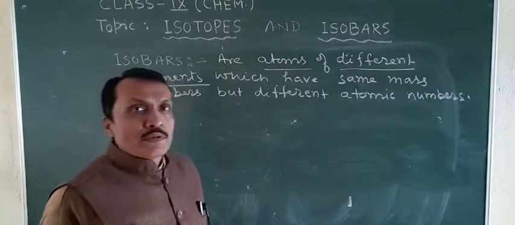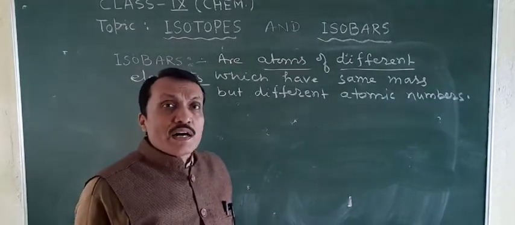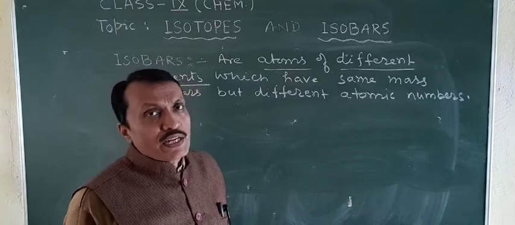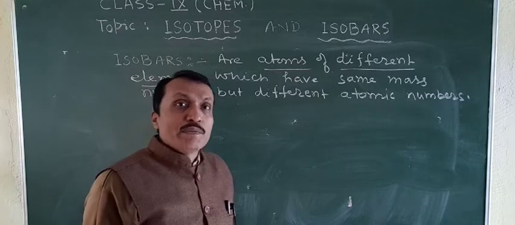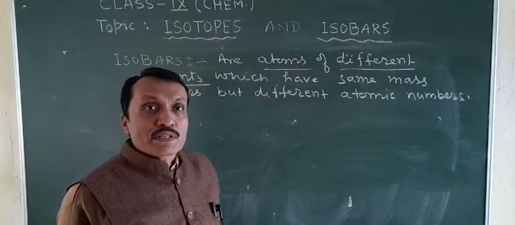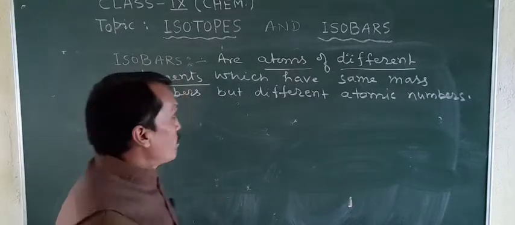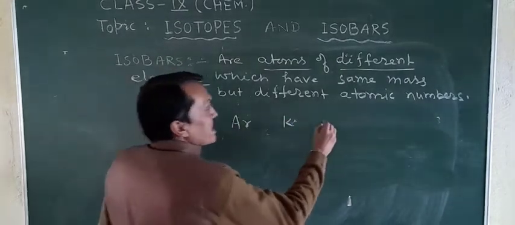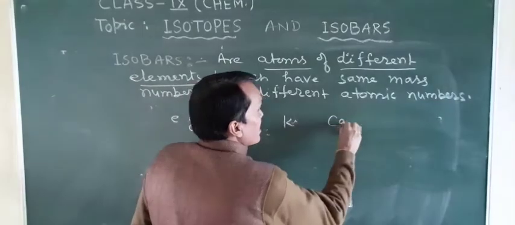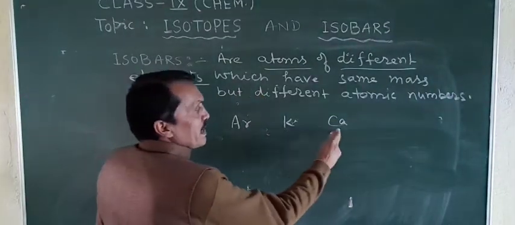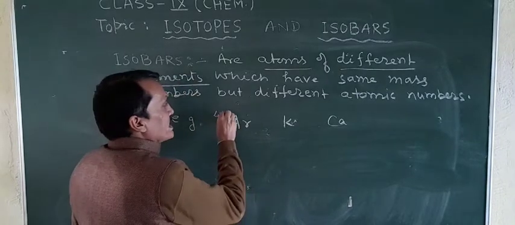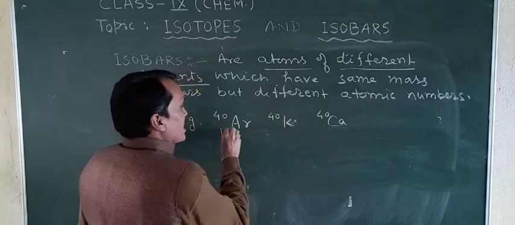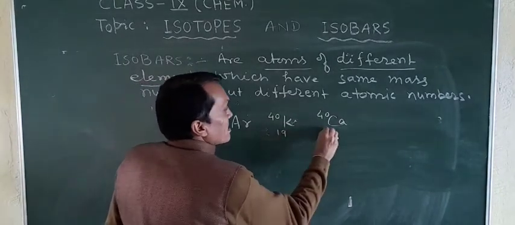In isotopes, atomic numbers are the same but mass numbers are different, whereas in isobars atomic numbers are different but mass numbers are the same. For example, students, these are three different atoms of elements: argon, potassium and calcium, and all these three have a similar mass number but their atomic numbers are different.